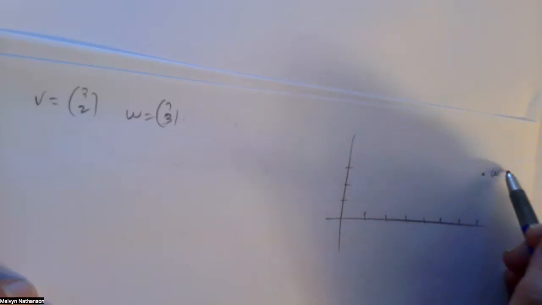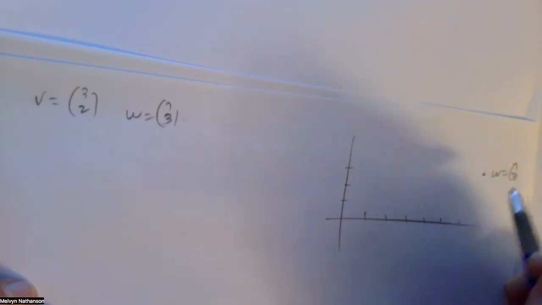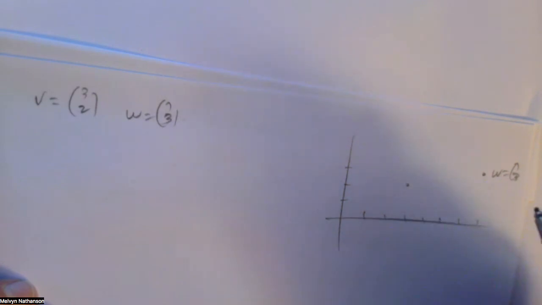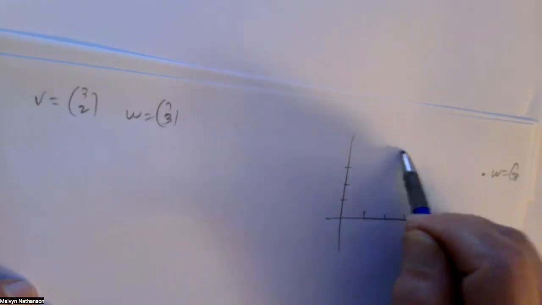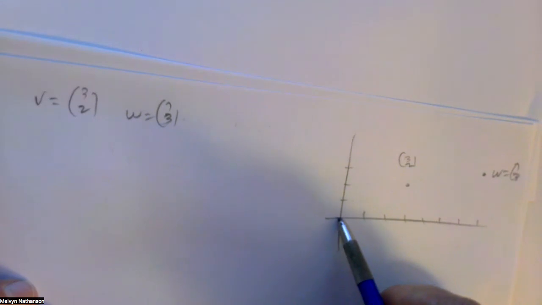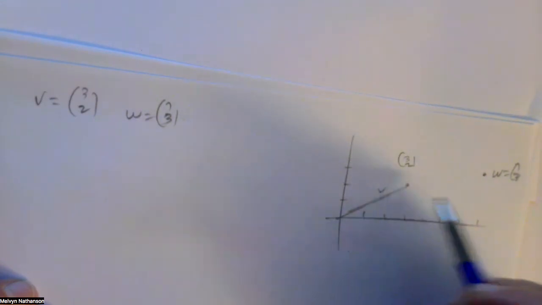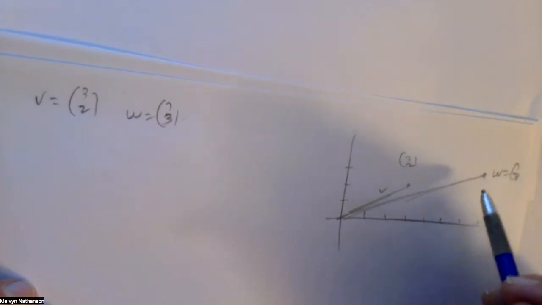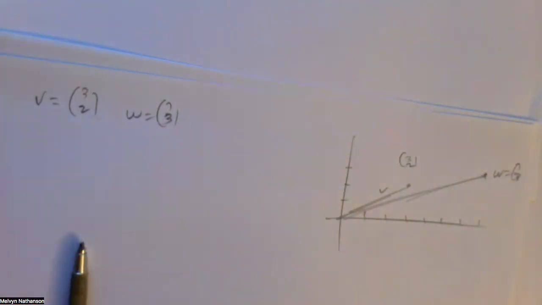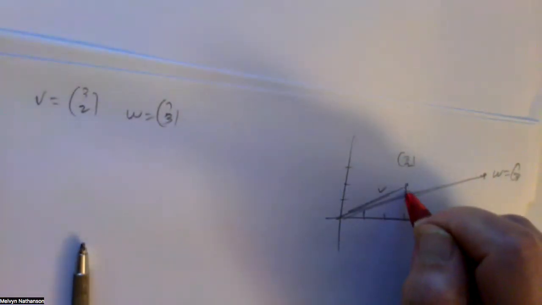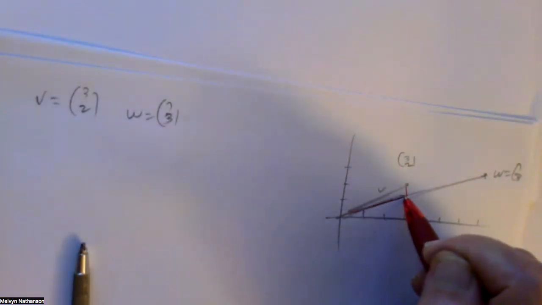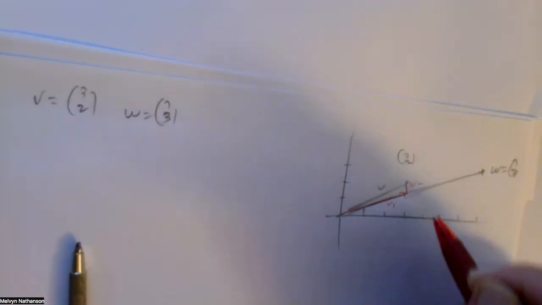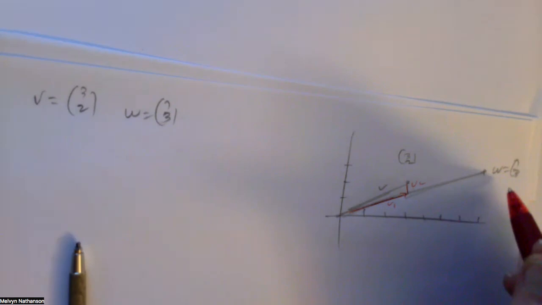This is w. And 3, 2 is here. So this is the vector v, and this is the vector w. And I want to find components of v. v1 is this component, parallel to w, and v2 perpendicular to w.